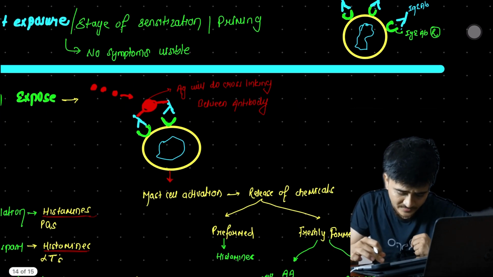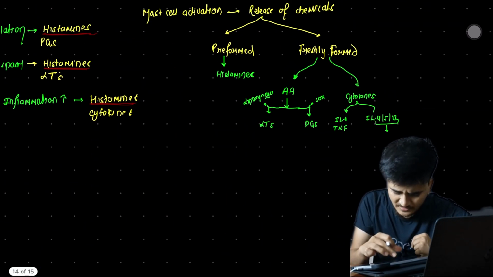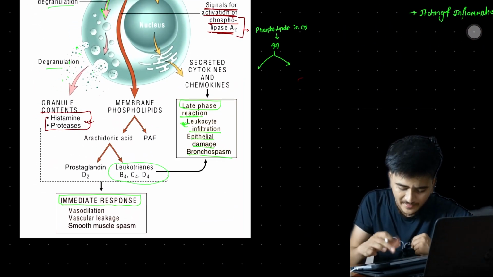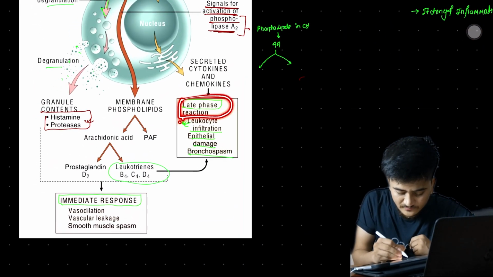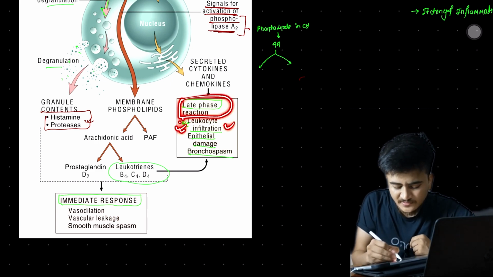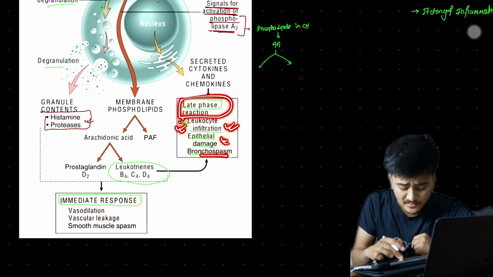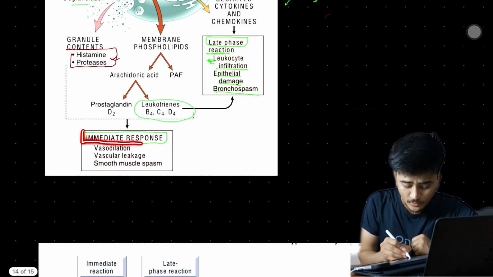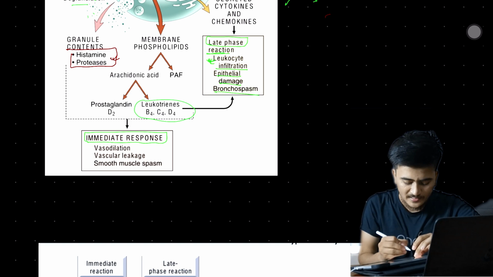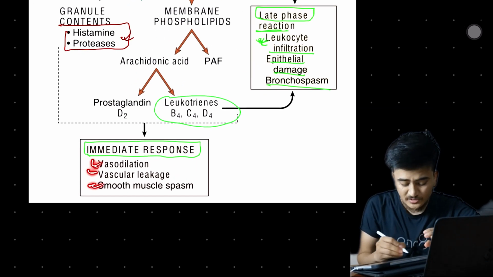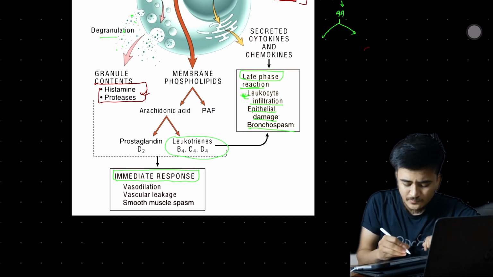Cytokines were helping in the late phase reaction. If I haven't mentioned it earlier, just keep in mind cytokines are responsible in the late phase reaction. And what are the different events in the late phase reaction? Leukocyte infiltration, epithelial damage, bronchospasm. And what are the things going on in the immediate response? Vasodilation, vascular leakage, smooth muscle spasm.